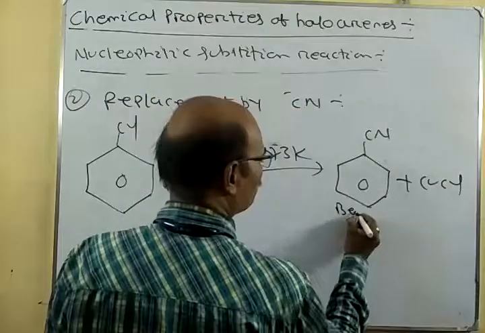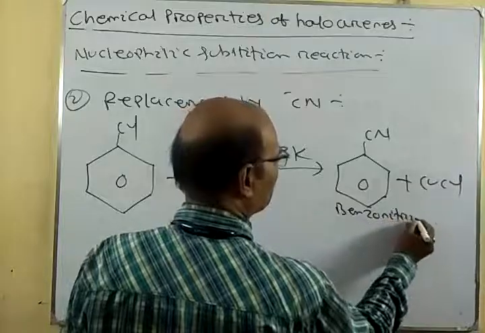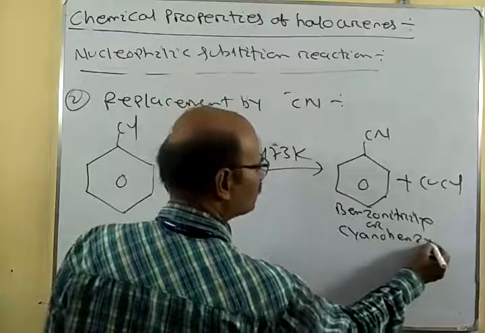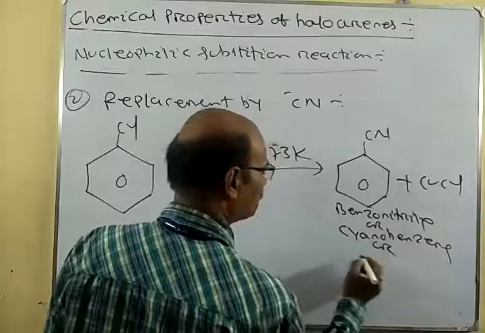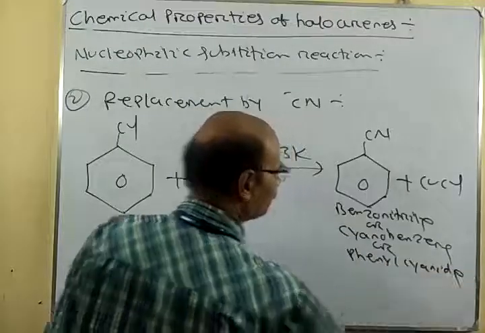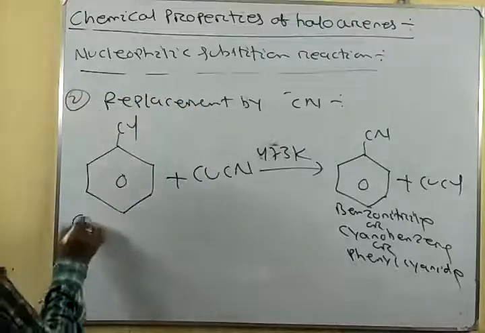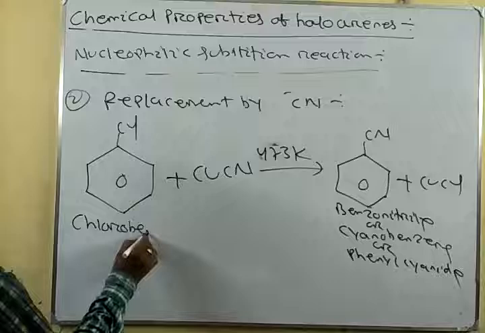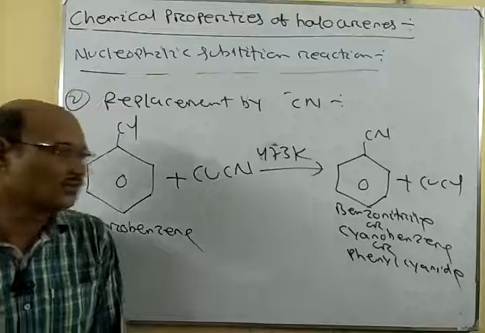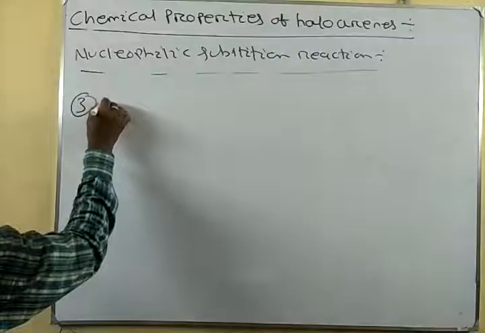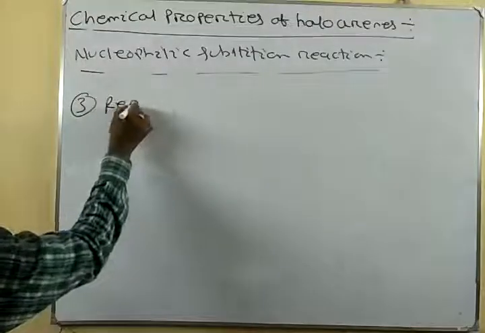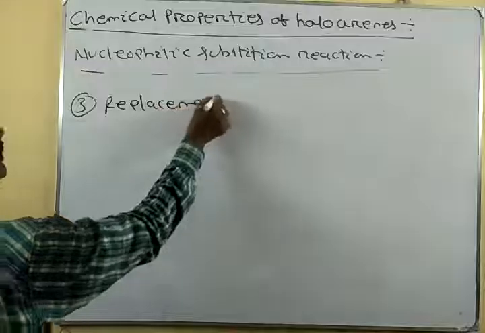This is called benzonitrile, or cyanobenzene, or you can say phenyl cyanide. So chlorobenzene with CuCN at 470 Kelvin gives cyanobenzene. Number three, replacement by ammonia.